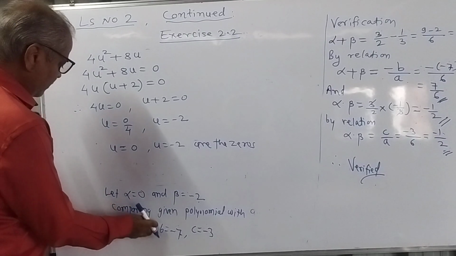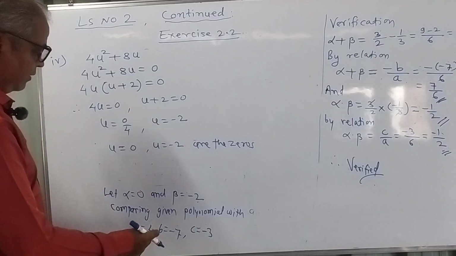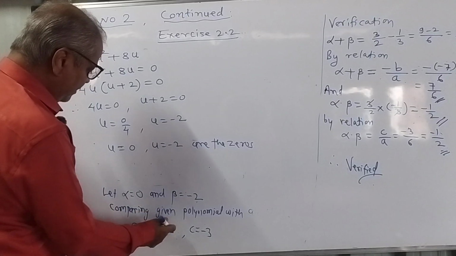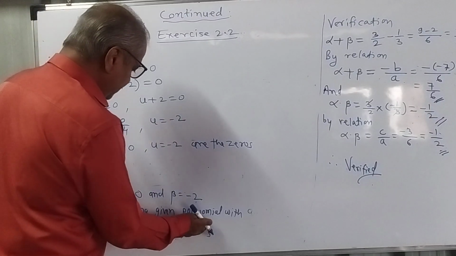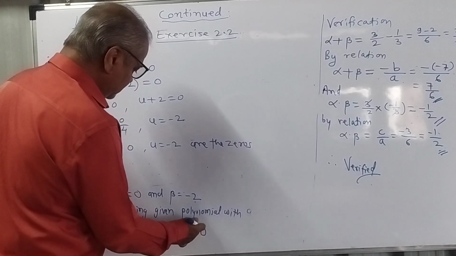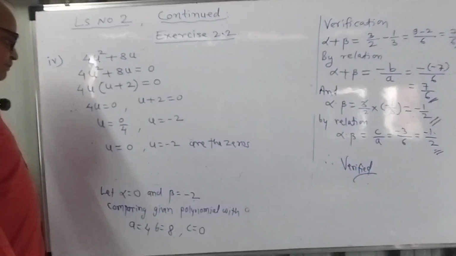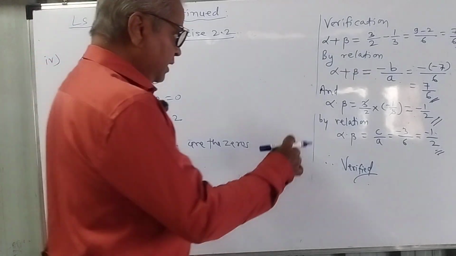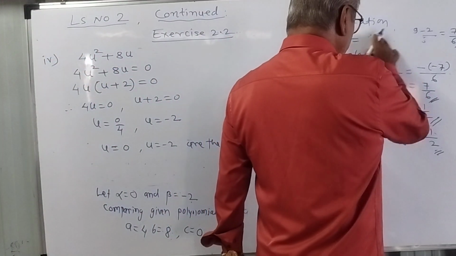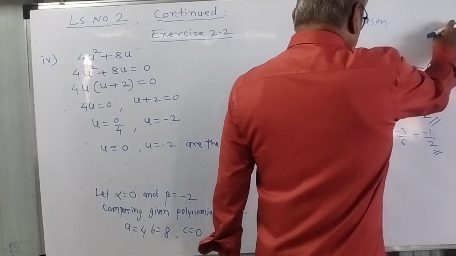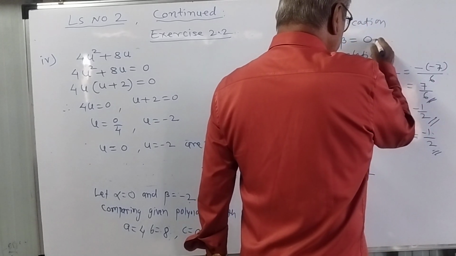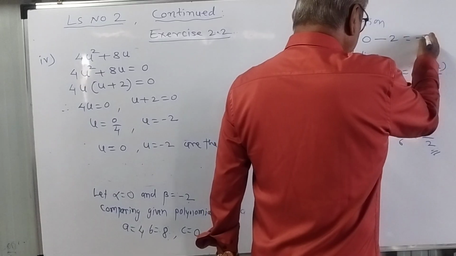So a is 4, b is 8 and c is 0. Again alpha plus beta is 0 plus minus 2, that is 0 minus 2, will give you minus 2.